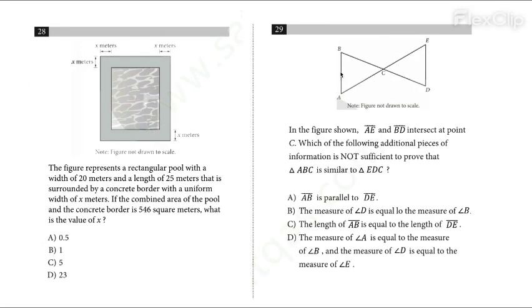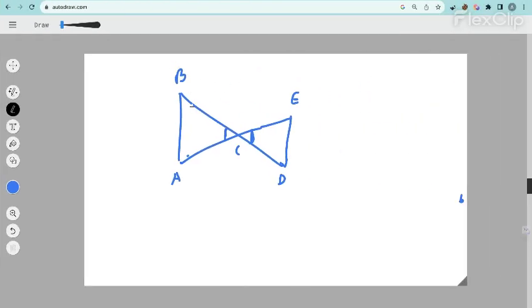Also, if we assume that AB is parallel to ED, then it also means that these two angles would be equal, and these two angles would be equal because they're alternate angles.